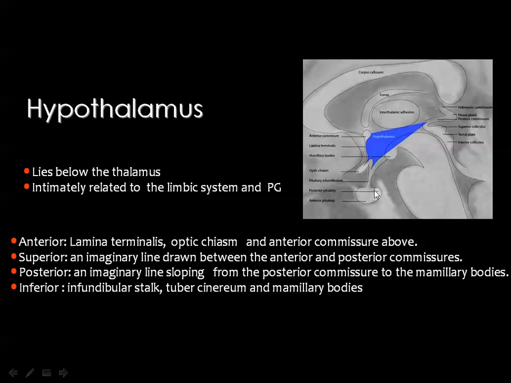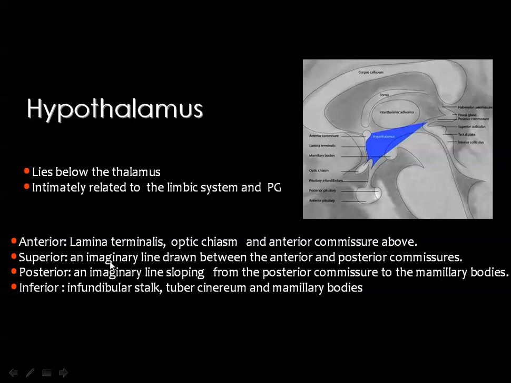If you know that this is the pituitary gland and this is the infundibulum, this is the infundibular recess of the third ventricle, and then the optic recess of the third ventricle, and this is the optic chiasm, and this is the lamina terminalis, and this is the anterior commissure, and here is the posterior commissure, and you see the region of the mammillary body and the region of the tuber cinereum. Then these are the imaginary borders of the region of the hypothalamus.